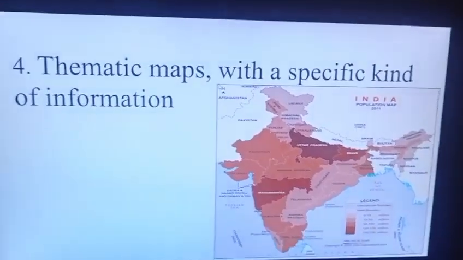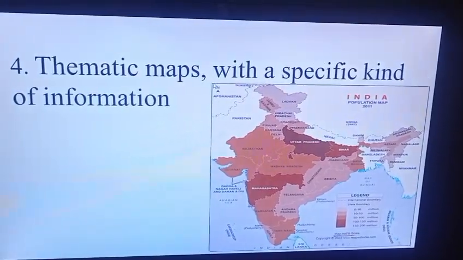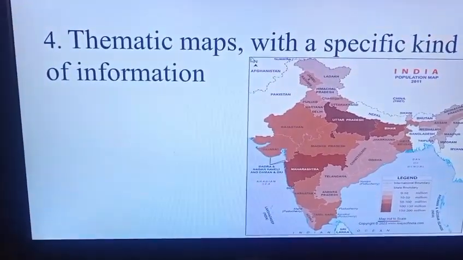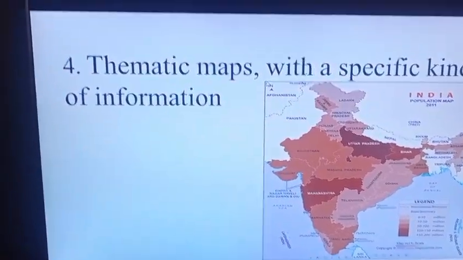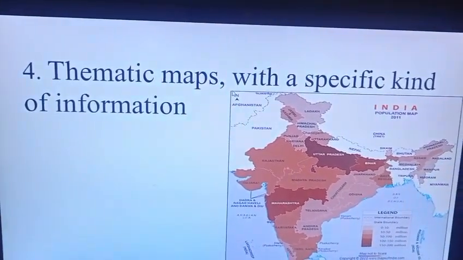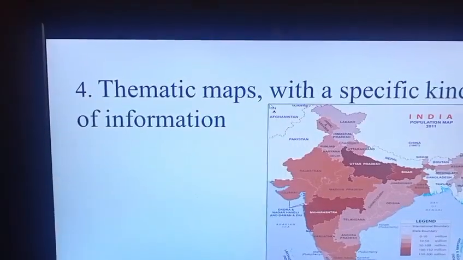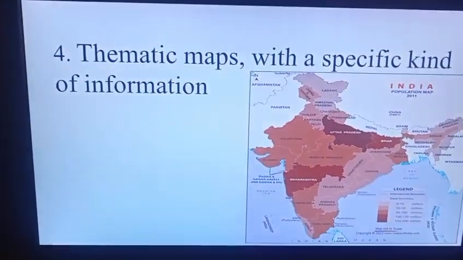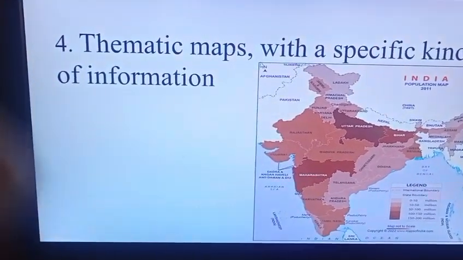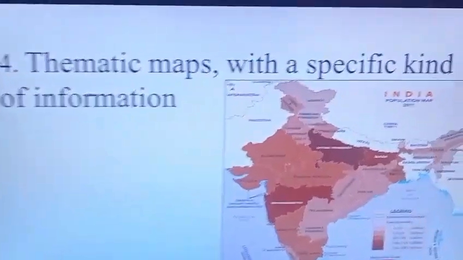And the last one is the thematic map, with a specific kind of information. Here I have not given any example, but you will give me an example in the next class, where we can see different specific kinds of information. What does it mean? Thematic. From the word thematic we can understand this includes different themes. Among different themes, we can consider population as a theme.